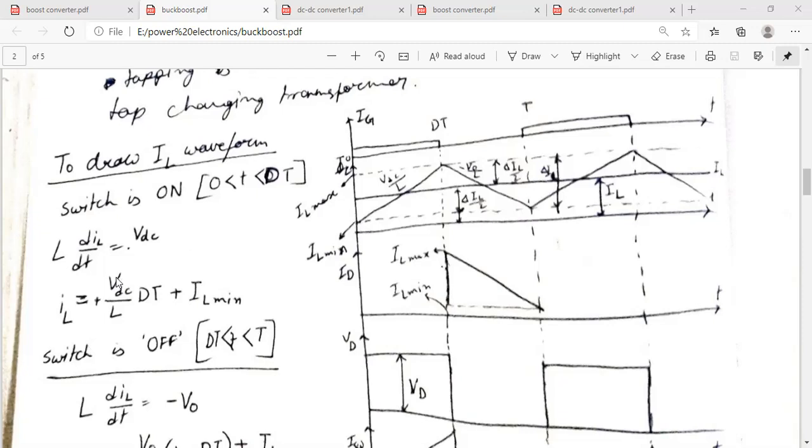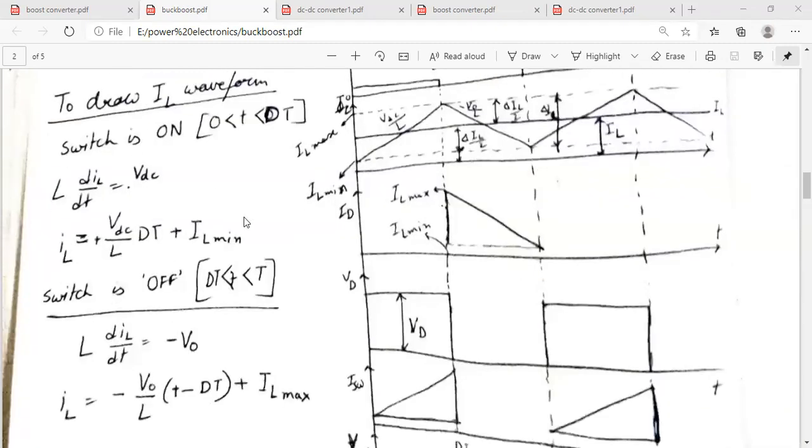Okay, now when the switch is off, you can see it is between dT and T. In this case, the inductive voltage is minus of the output voltage, and it will be IL equal to minus V naught by L times (T minus dT). T minus dT is the off time of the period, and during that time the slope is minus V naught by L, and that is shown here.